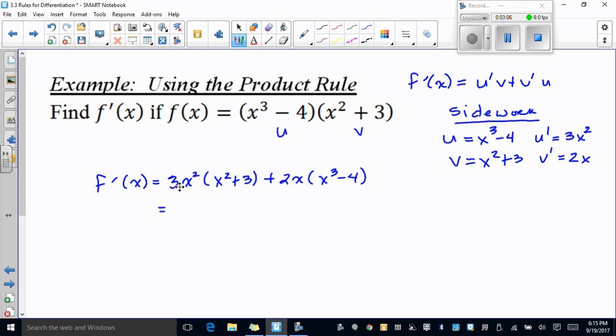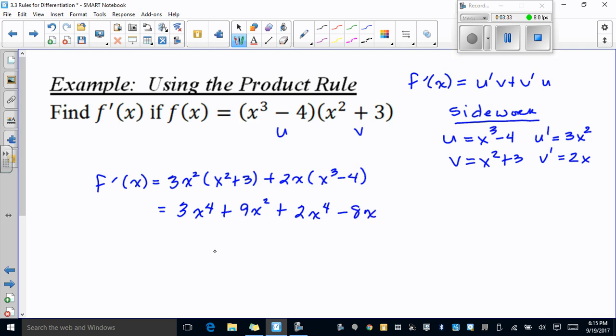3x squared times x squared is going to give us 3x to the 4th. 3x squared times 3 is going to give us positive 9x squared. Plus 2x times x cubed gives us 2x to the 4th, minus 2 times 4, 8x.